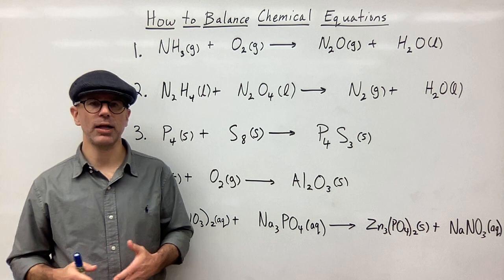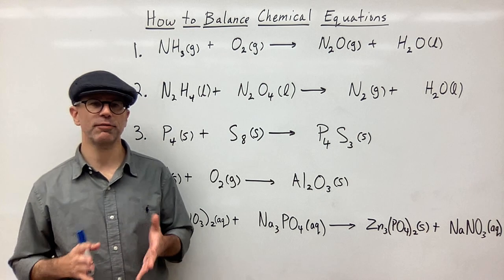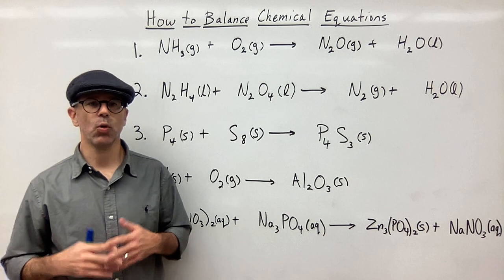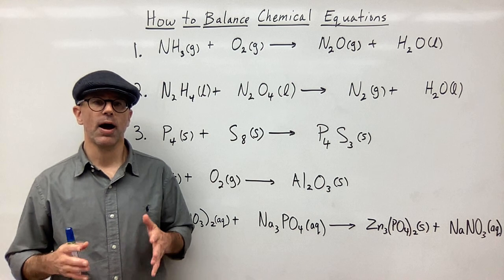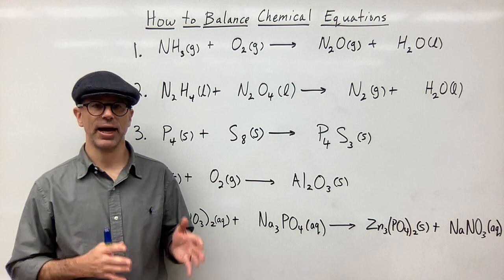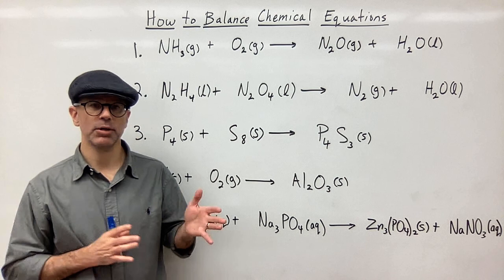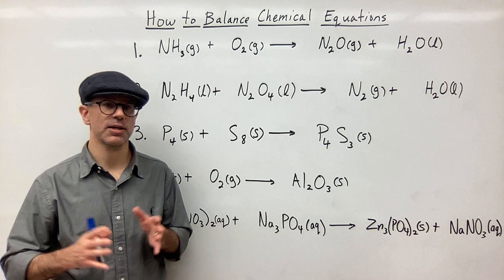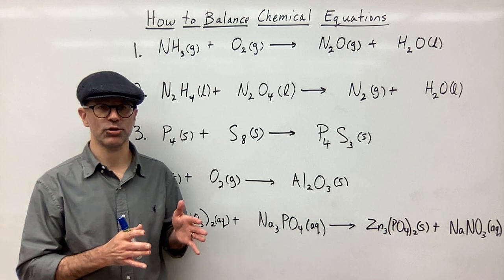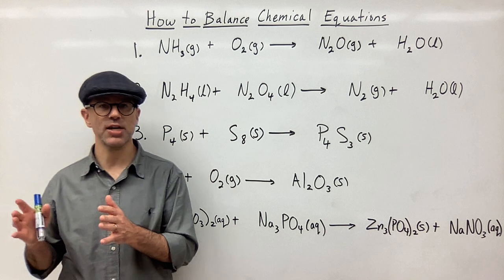So when you're balancing chemical equations, there's a couple of different ways you could do it. One way is to balance each element at a time in a certain way. The way that I'm going to show most of the time is you always balance your metals first before you balance your non-metals.